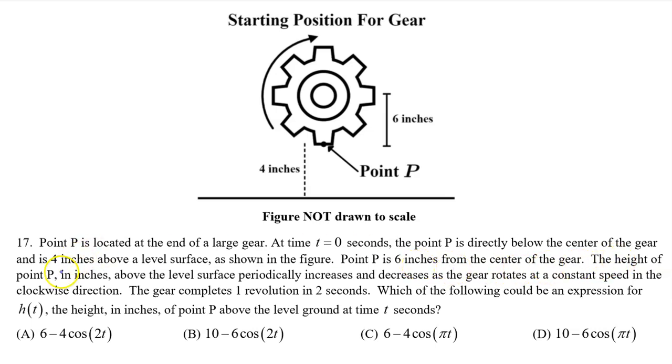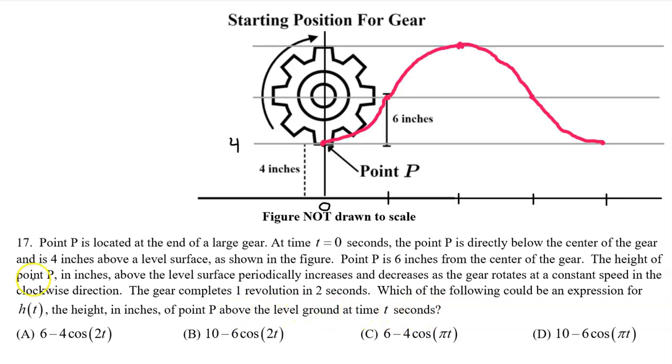The height of point P in inches above the level surface is periodically increasing and decreasing as the gear rotates at a constant speed in the clockwise direction. The gear completes 1 revolution in 2 seconds. Which of the following could be an expression for h of t, the height in inches of point P above the level ground at time t seconds?